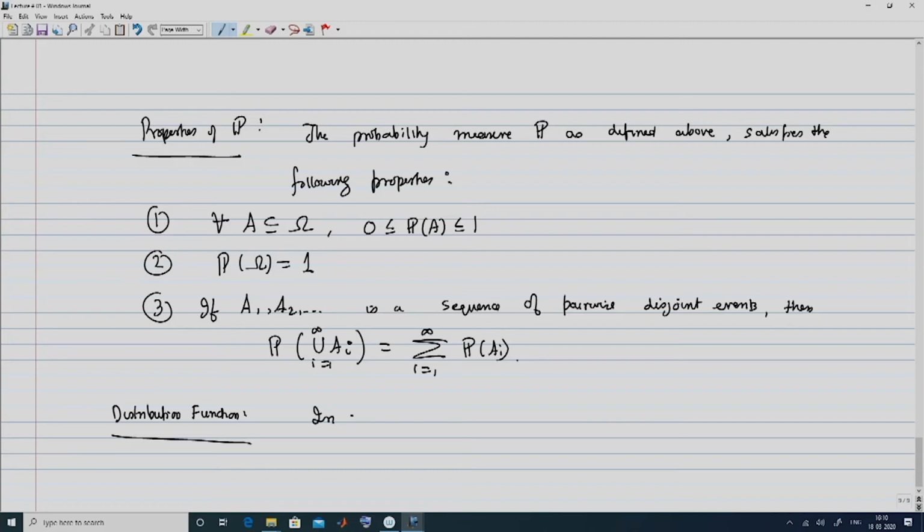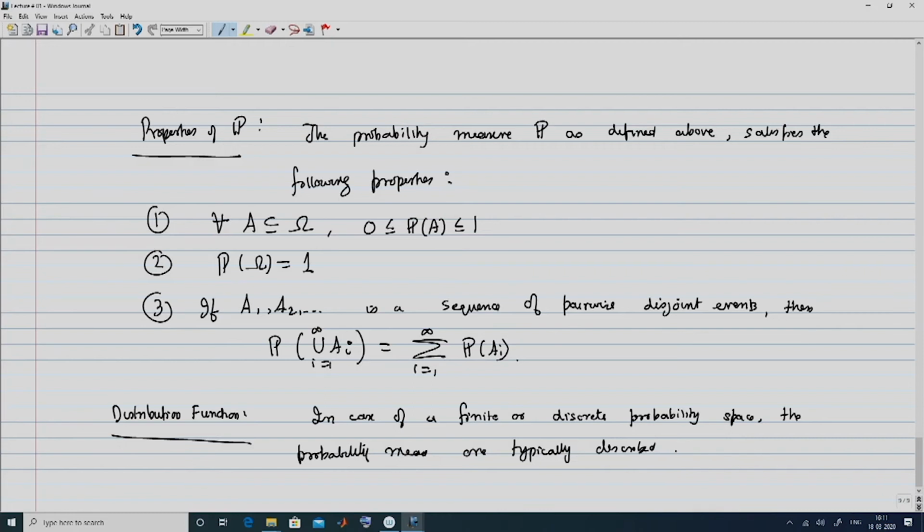See, what happens is that in case of a finite or discrete probability space, the probability measure is typically described using the probability mass function, which I will denote by PMF, and you would recall that this was f of little omega, the probability of the elementary event omega.